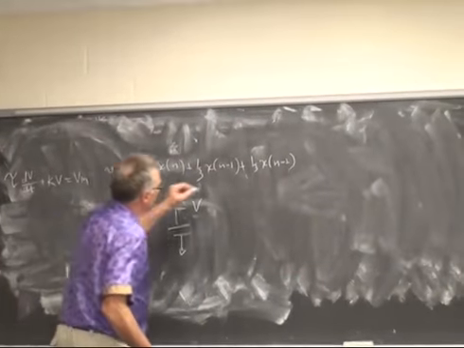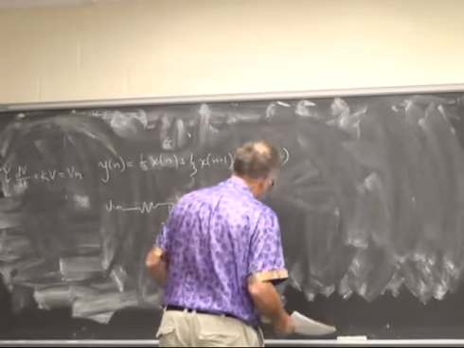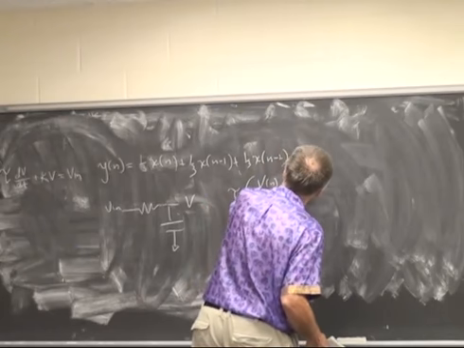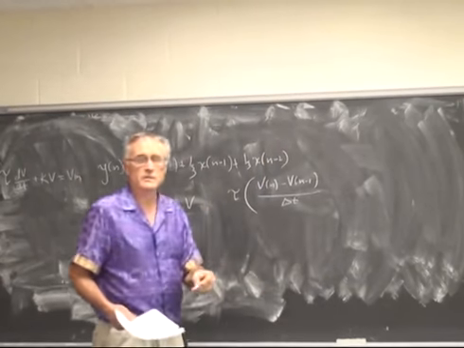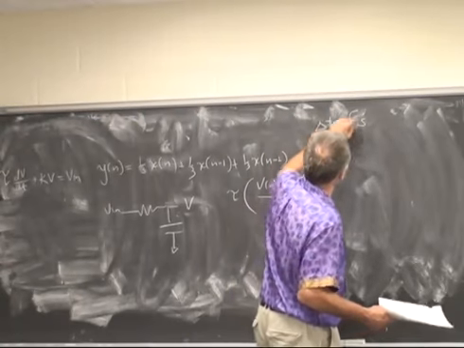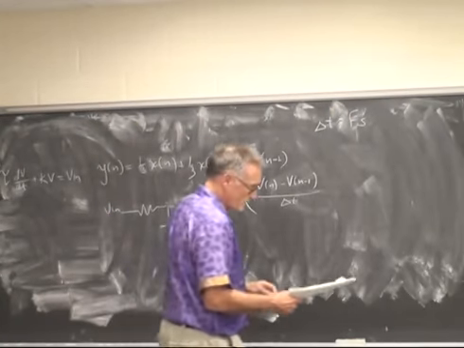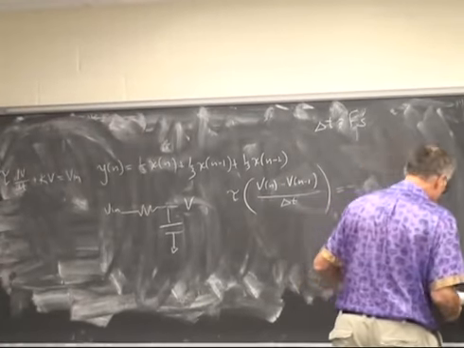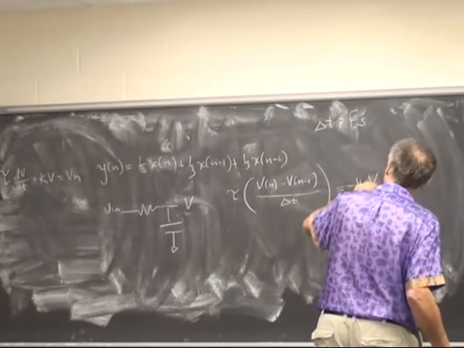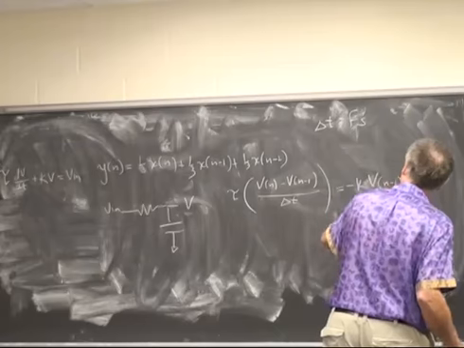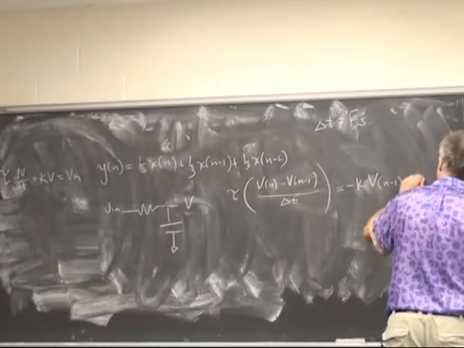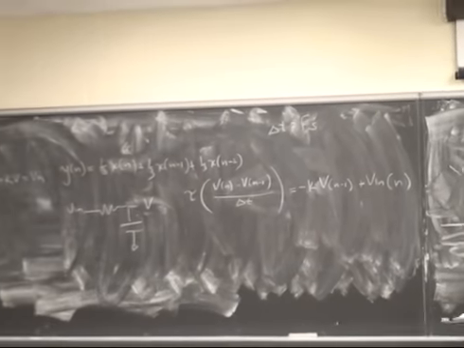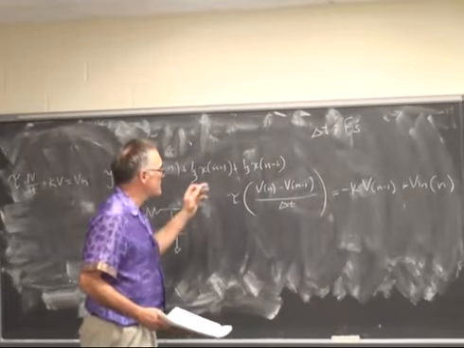So we can write this as tau times V of n minus V of n minus 1 over delta t, where delta t is equal to 1 over the sample frequency, equal to minus k times V of n minus 1 plus V in at time n. Then we can just solve this out for Vn.